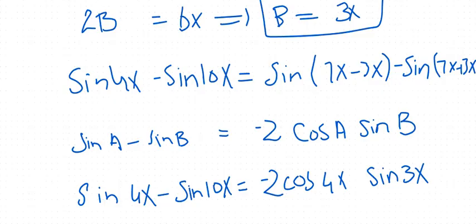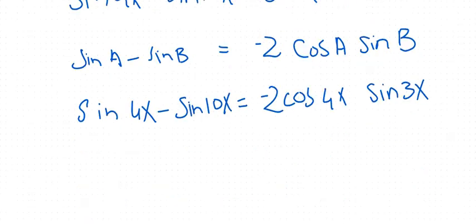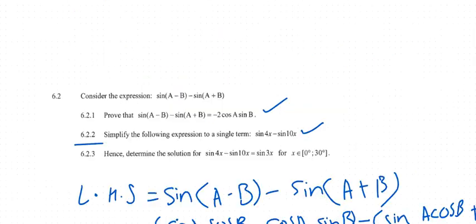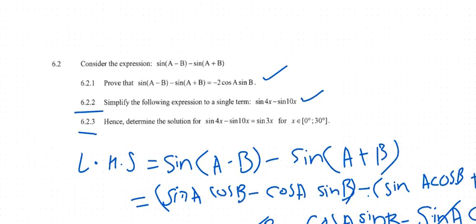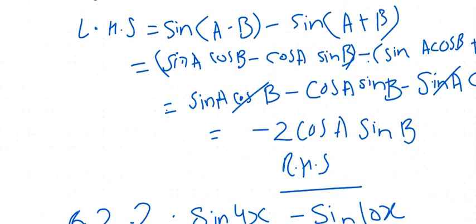What do we have in the next question? 6.2.3. Hence, determine the solution of sine 4x minus sine 10x equals sine 3x, for x belonging to 0 to 30 degrees. So we have to determine the solution.